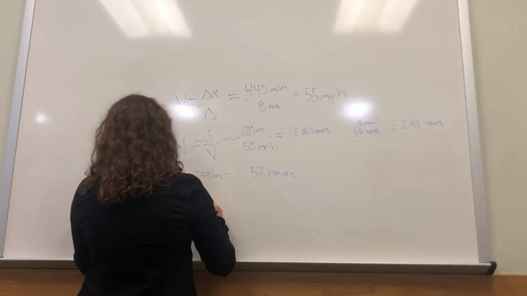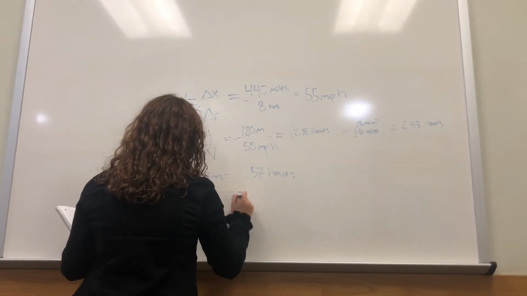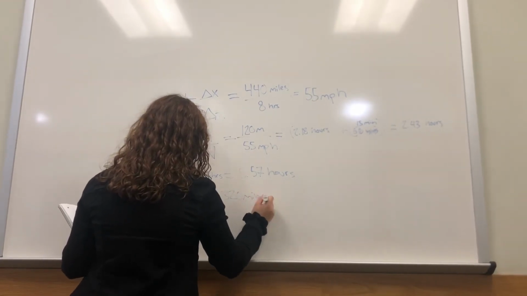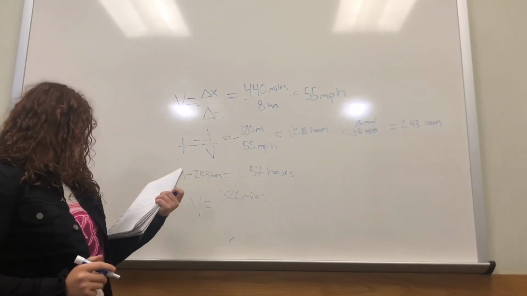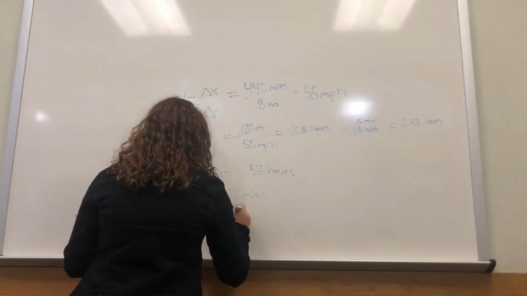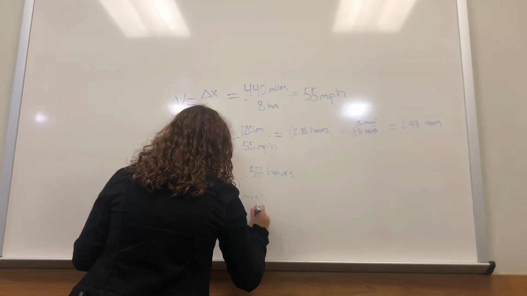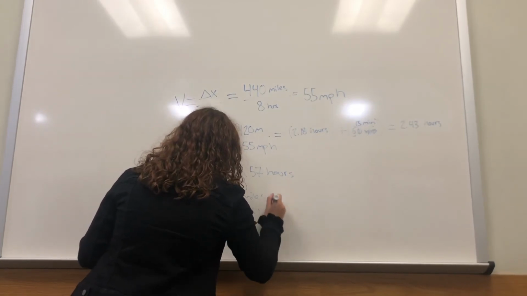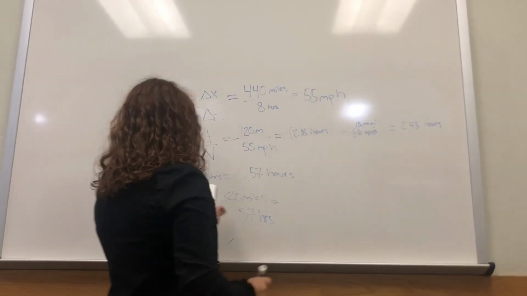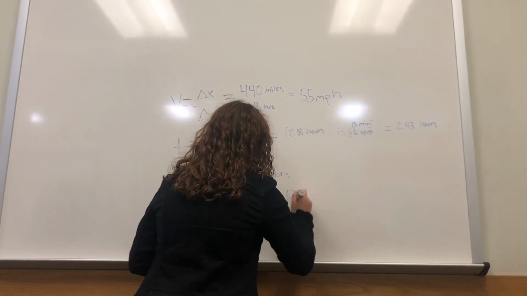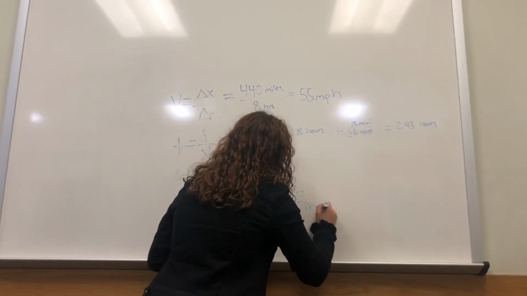So velocity equals the remaining 320 miles he needs to drive divided by his remaining 5.57 hours to complete the trip on time, and that gives us he needs to drive at 57 miles per hour.